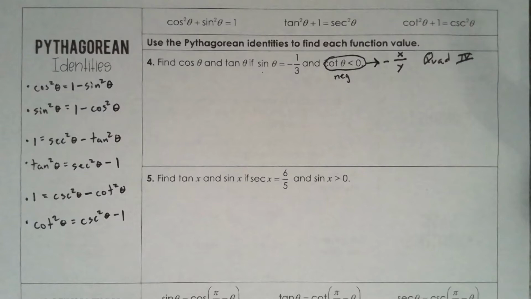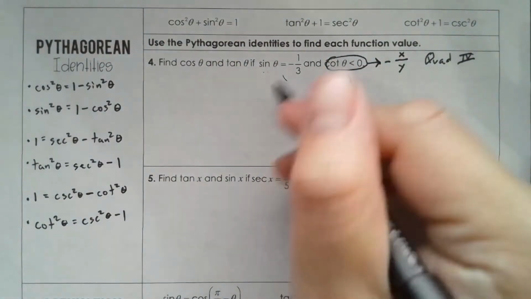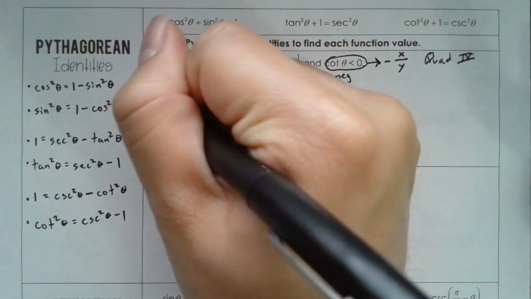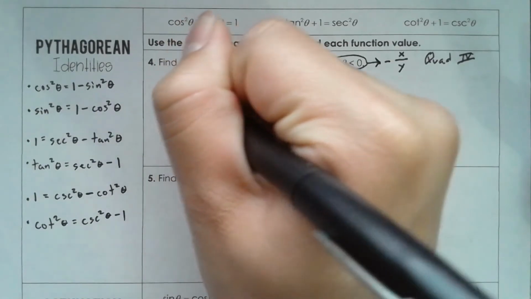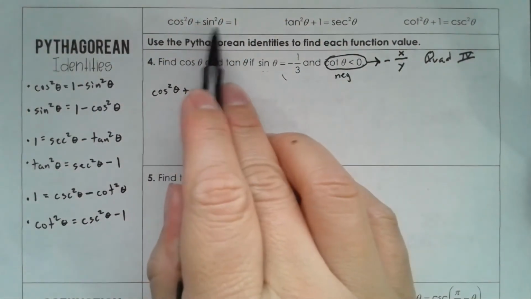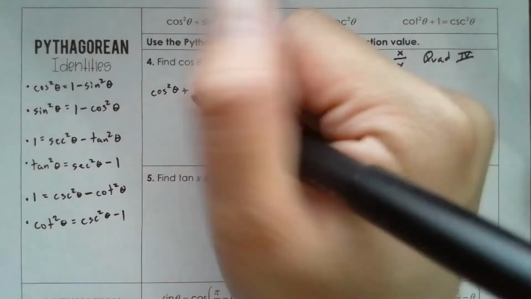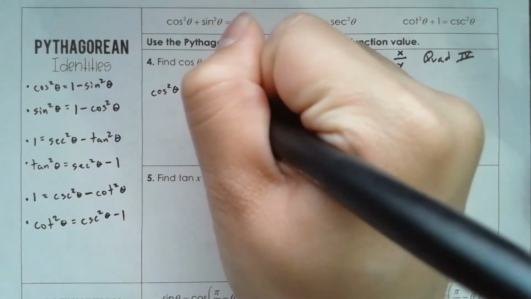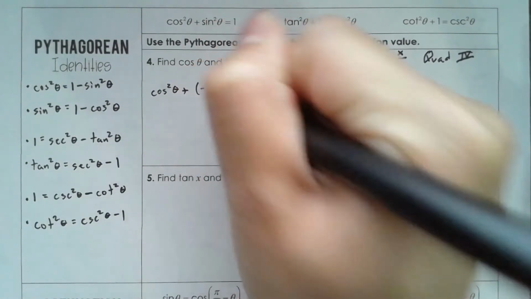So that'll mean cosine squared theta plus, instead of writing this out, I'm going to sub it in with negative 1/3, negative 1/3 squared, is equal to 1.